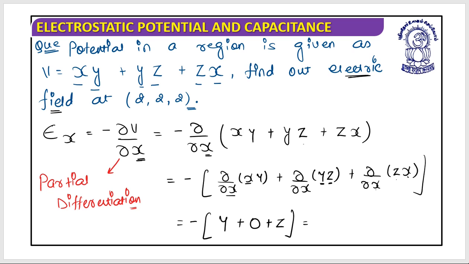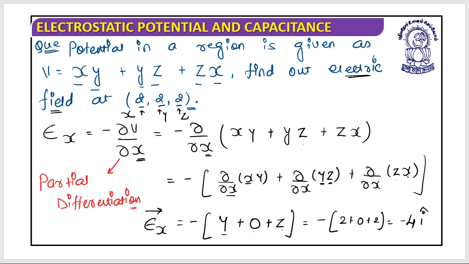Now I need to find the electric field at location (2, 2, 2). This is the value on the x-axis, this is y, and this is z. If I replace, it is y + 0 + z, that is 2 + 0 + 2, so it is minus 4. If I write according to the vector, it is minus 4 i.